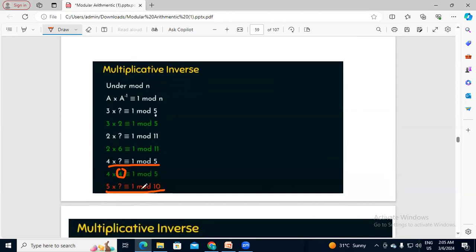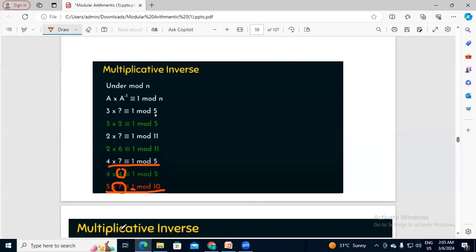Next is, what will be the multiplicative inverse of 5 mod 10? 5 mod 10. So what will be the result? What is the multiplicative inverse of 5 so that you can have a result as 1?